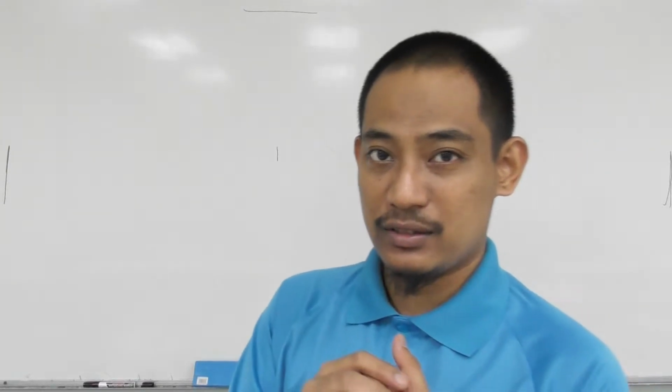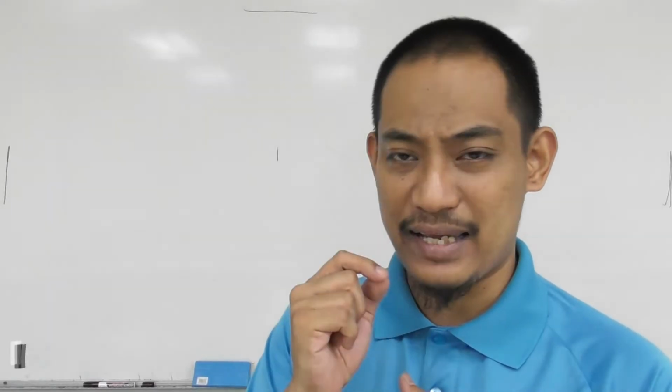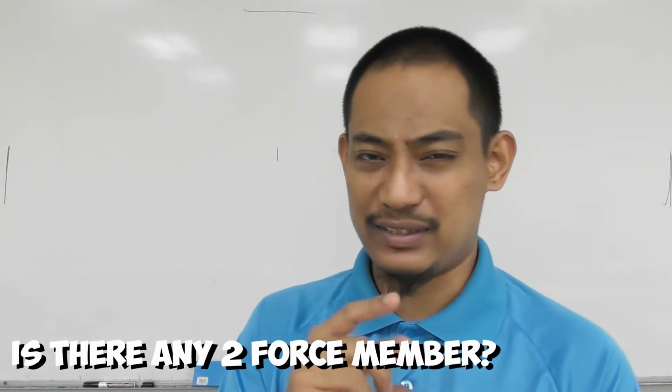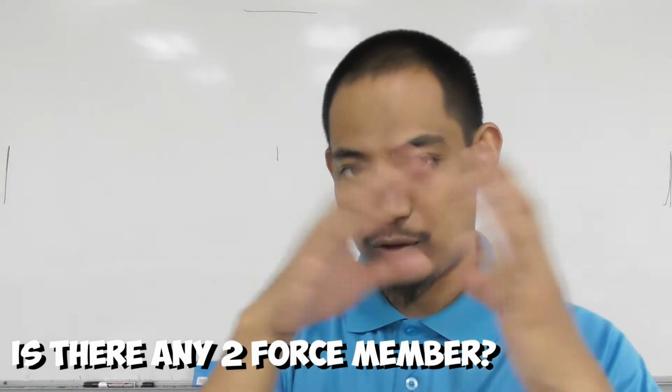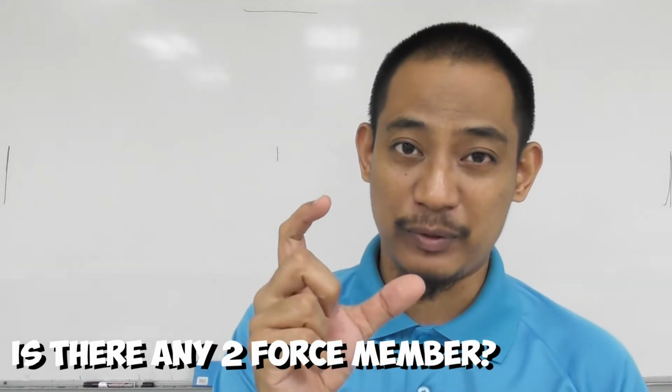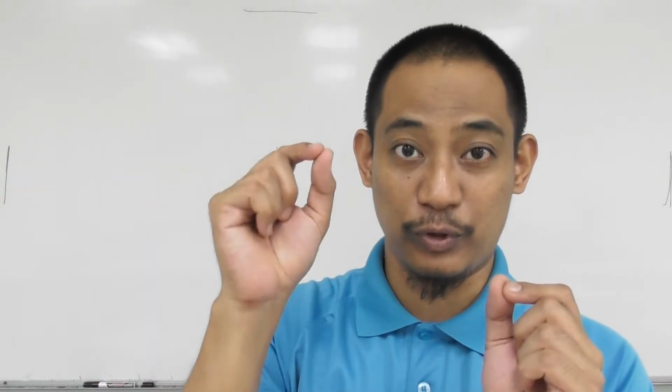In this case, in frames or machines, the question that you have to ask is, is there any two force member in the whole structure? Because for a two force member, you know it's either in tension or compression, right? The force must be along the line connecting the 2 points. So it will make a difference in terms of the free body diagram. So remember, the first question to always ask is, is there any two force member?